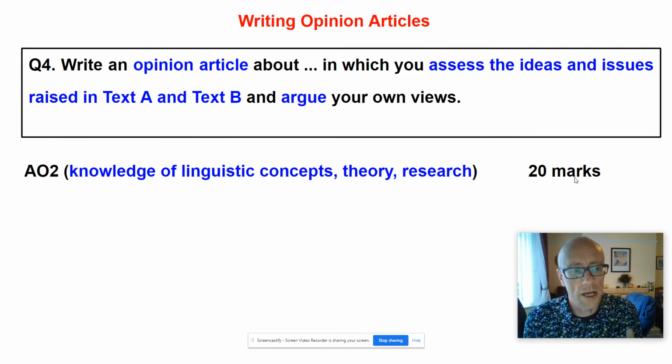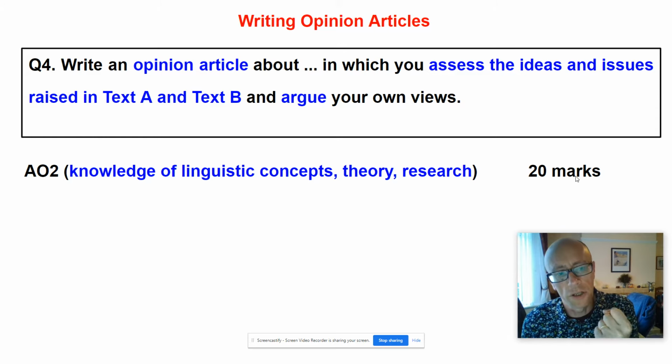So this has got 2 AOs. It's assessed for 2 things. Principally, it's AO2. Unlike question 3, which didn't have any AO2 in it, this is where you integrate into your article linguistic concepts, theories and research. It's exactly the sort of stuff that you did in section A when you were writing an essay about language diversity or language change.